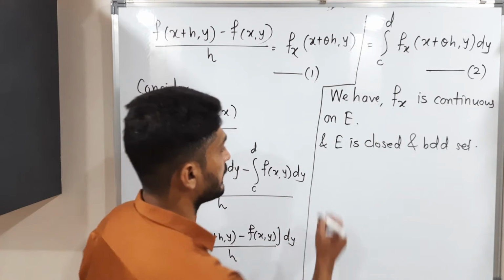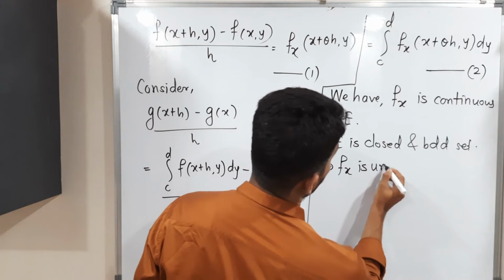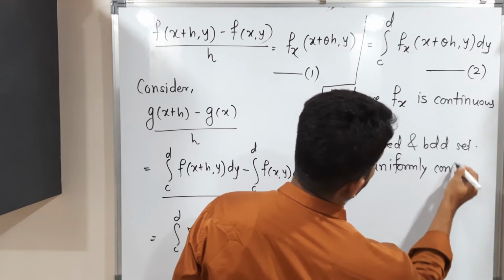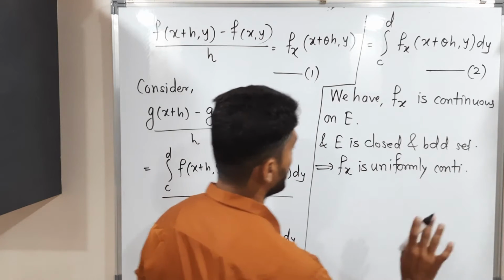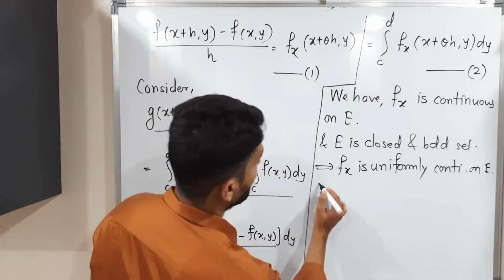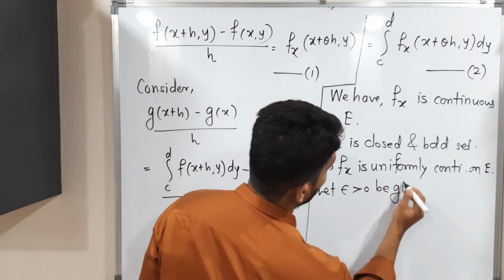So therefore I can write, this implies f_x is uniformly continuous on E. So I'm taking epsilon, let epsilon greater than 0 be given.